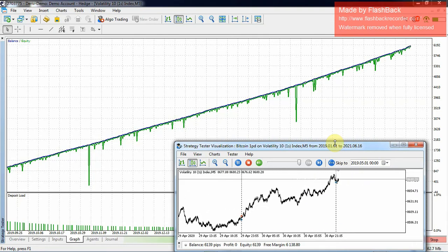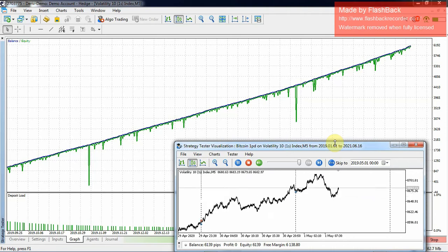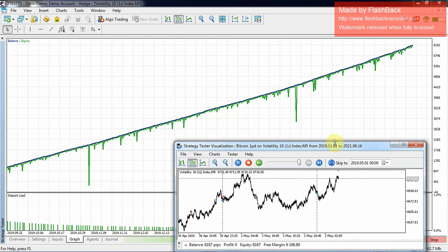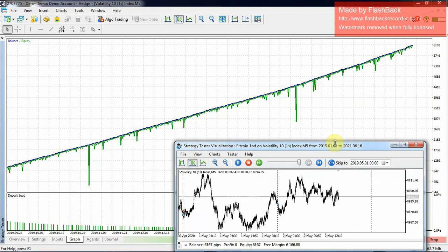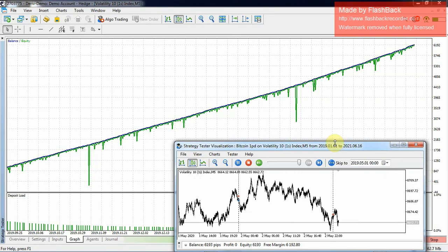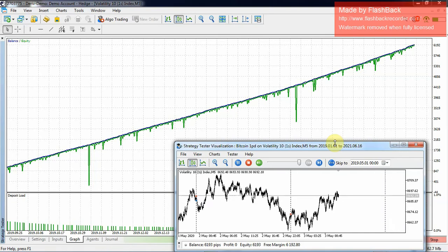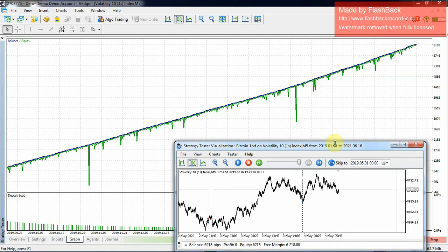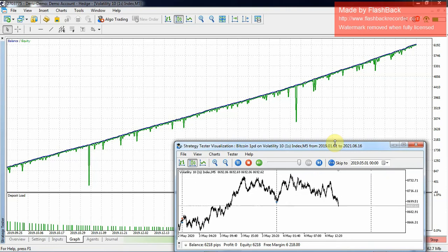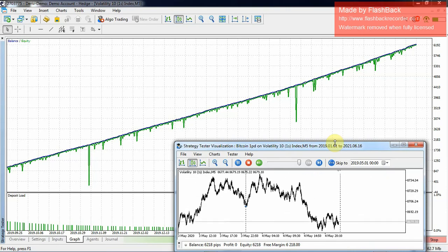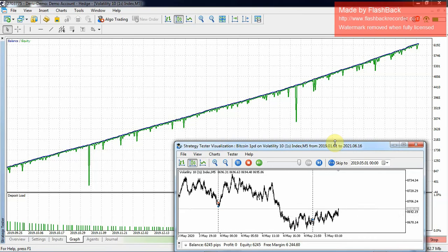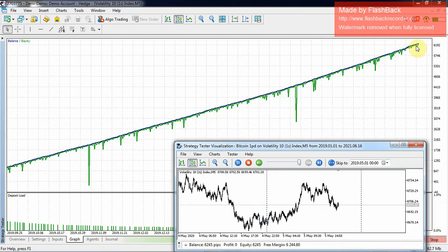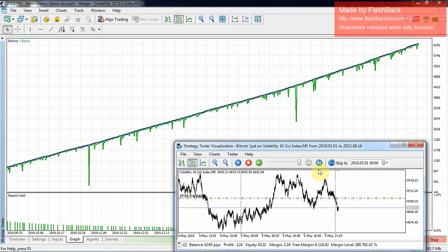So that I can survive these huge drawdowns, I have to keep the lot size small, in order to survive the huge drawdowns and the stop loss when it spikes.